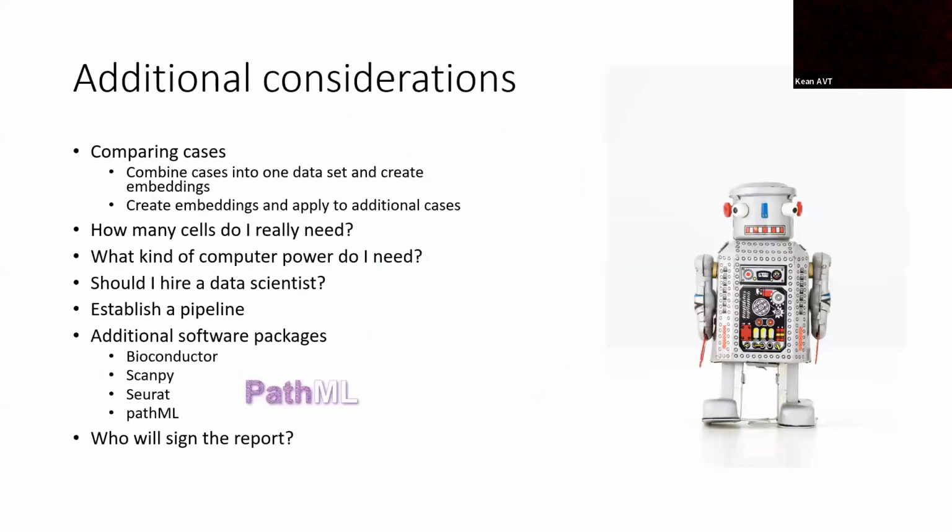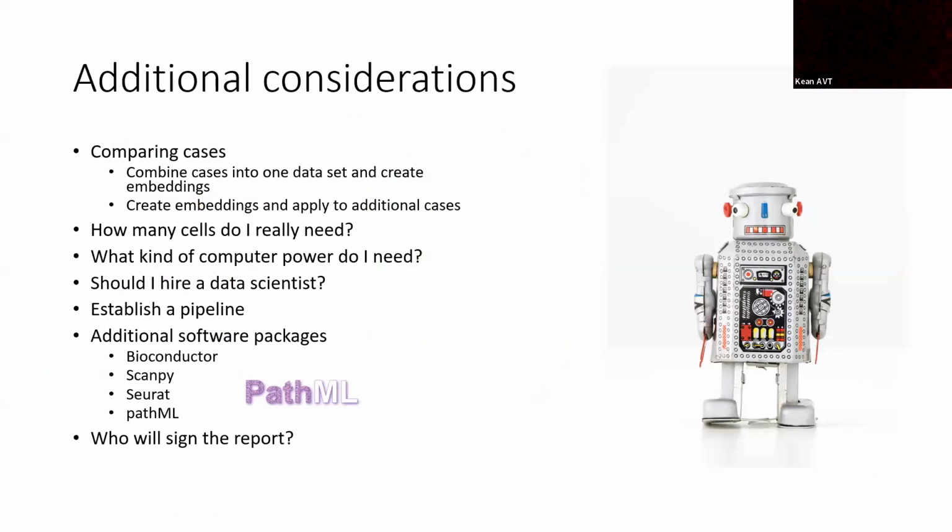Okay, so some additional considerations. You might consider lumping several cases into one and looking at how the data compare. One question is often, how many cells do I really need? The answer is basically you need enough cells to adequately represent the immunophenotypes you're trying to find.